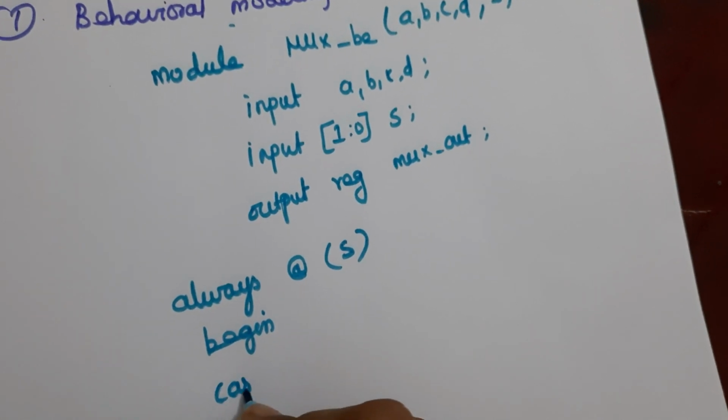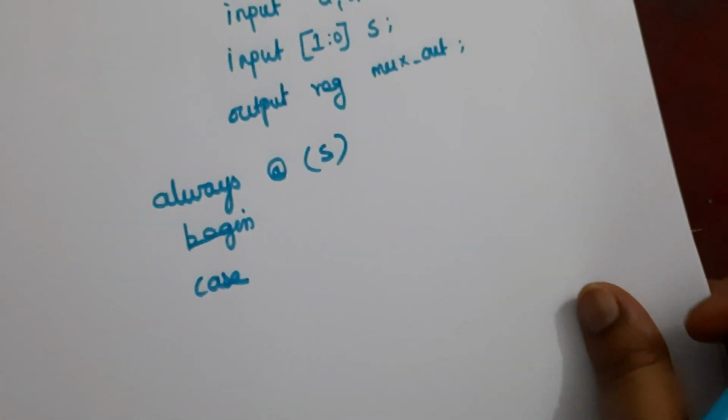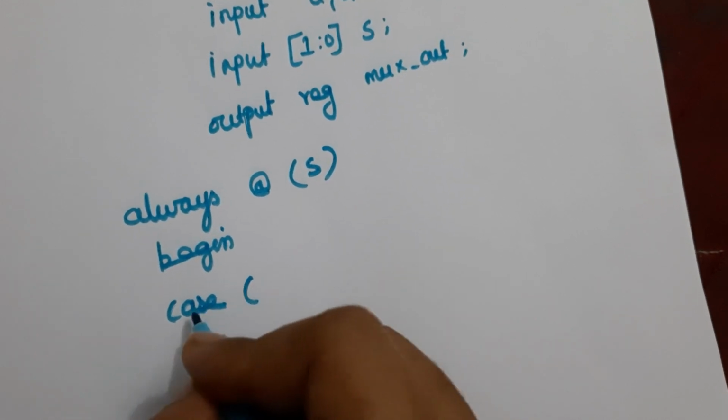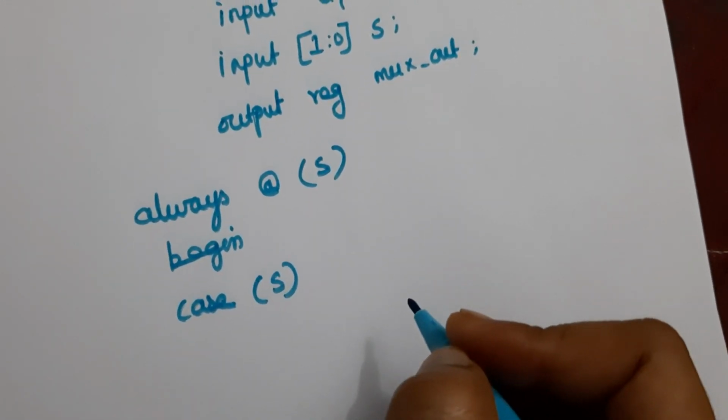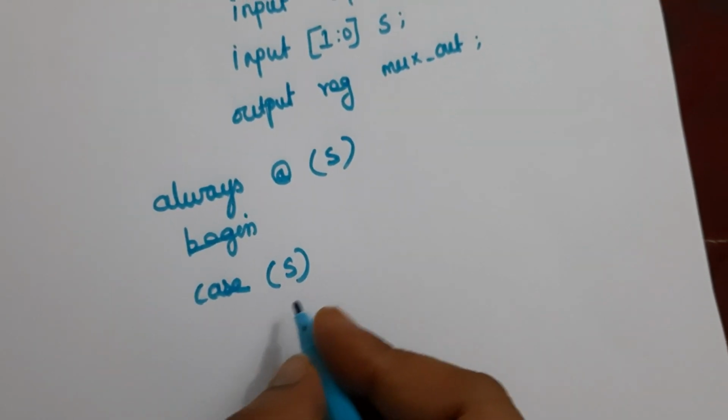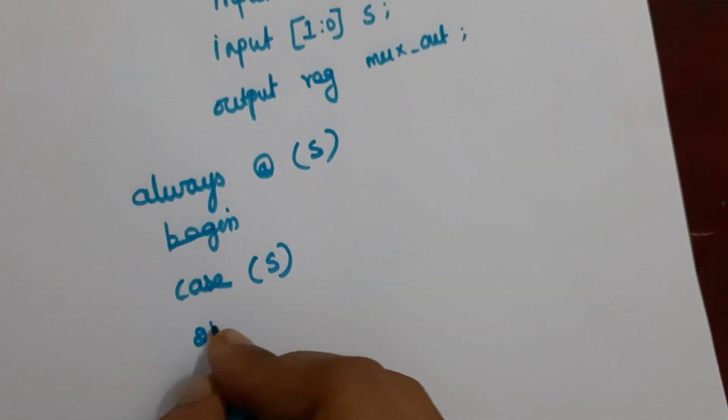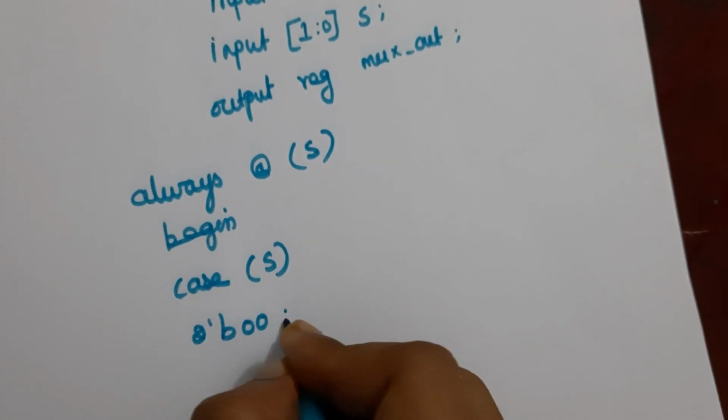Now we define this 4 to 1 mux using a case statement, and the condition for the case statement is the select line. Based on that only we can select the output. So select: 2-bit 00.